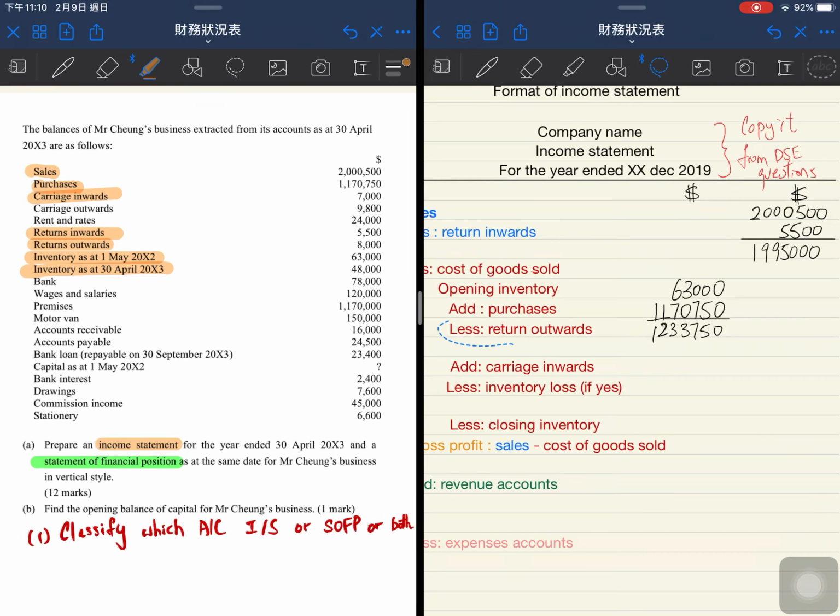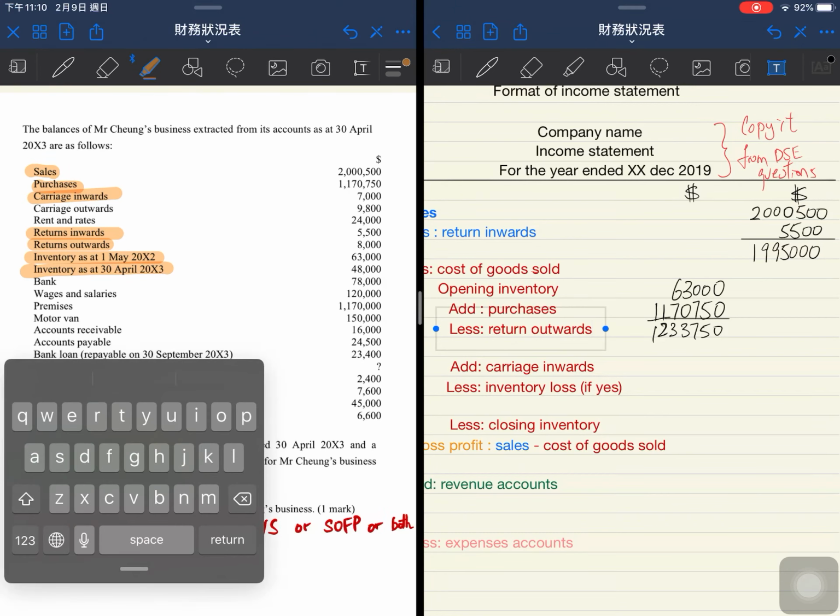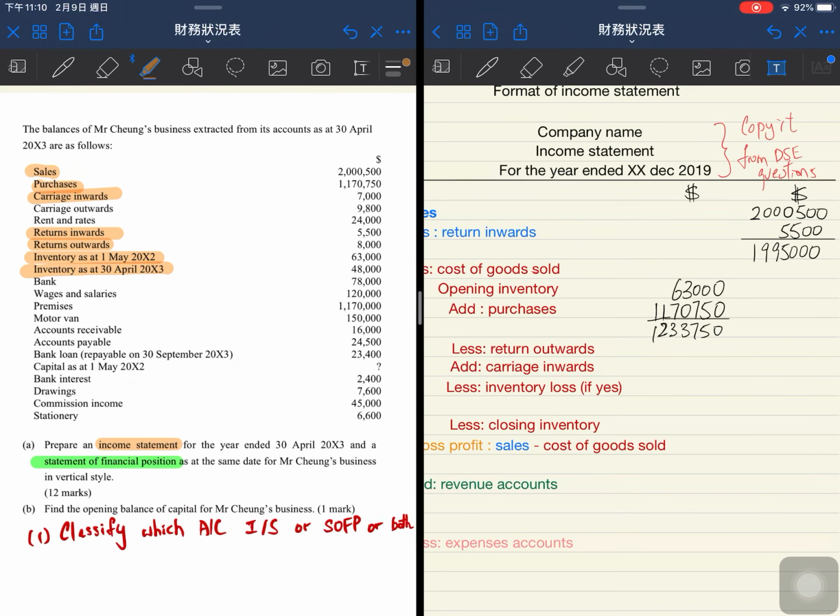And then remove. Okay, so return outwards, 80,000.